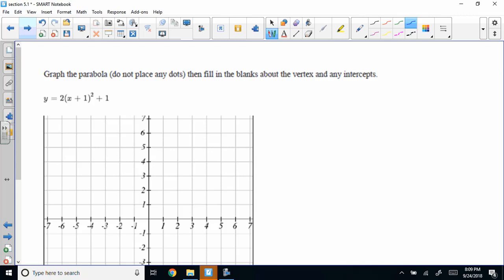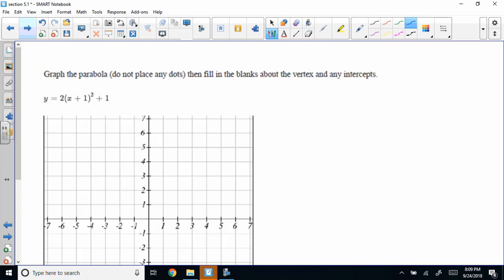Graph the parabola. Do not place any dots, then fill in the blanks about the vertex and the x-intercepts. Graph the parabola. Do not place any dots. Are y'all reading what I'm reading? How are we going to graph it if we don't put any dots?